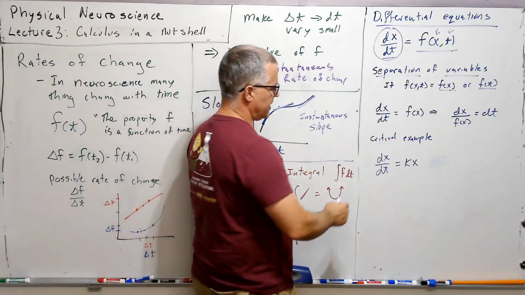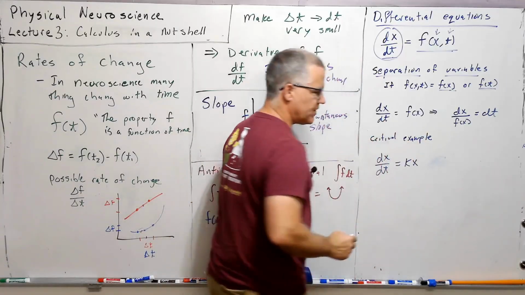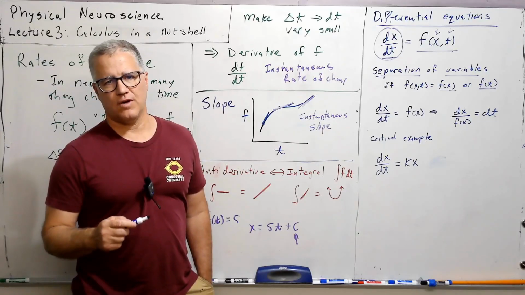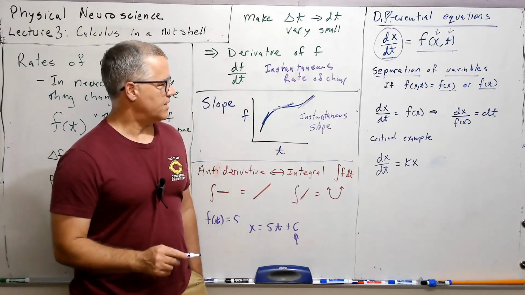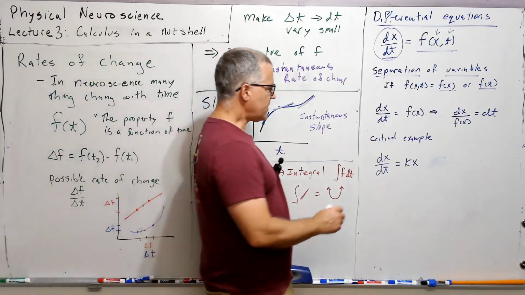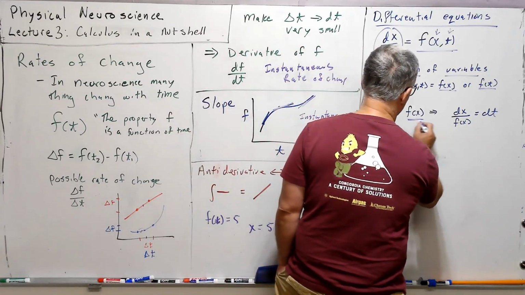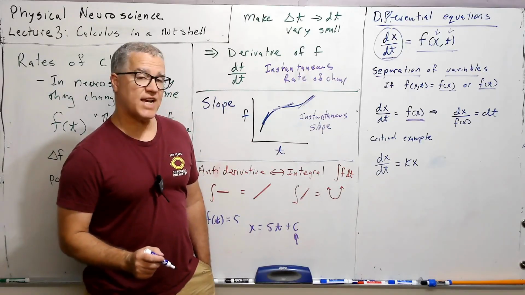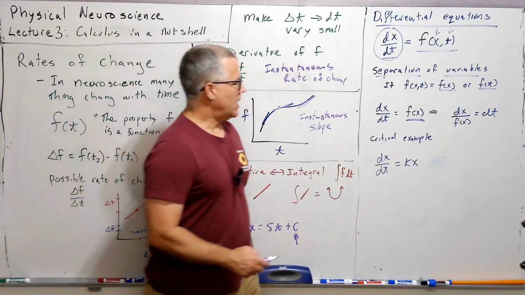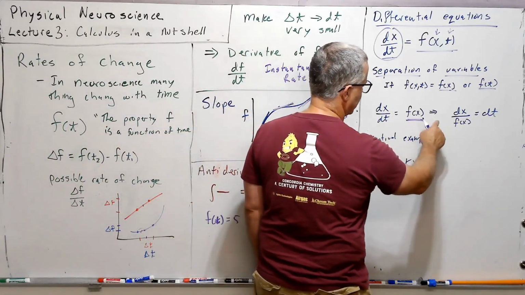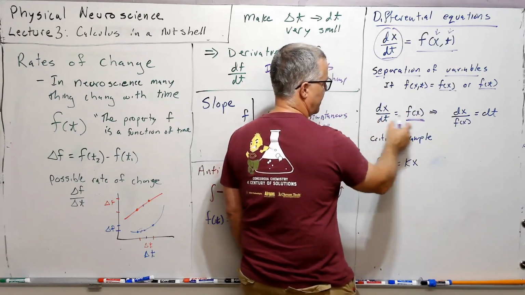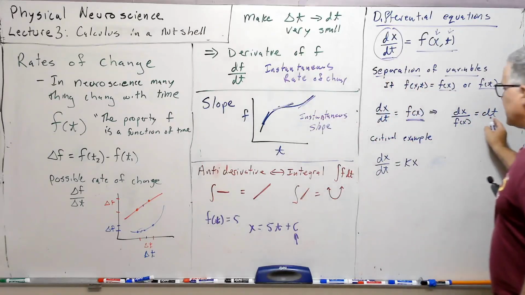So let's look at an example here. And this is going to be related to a critical example that we will use, and I'll go through here very explicitly. So let's imagine it's equal to the function of just x, not t. Well, we can separate the variables by bringing the t over to this side of the equation and the f over to this side, like this.